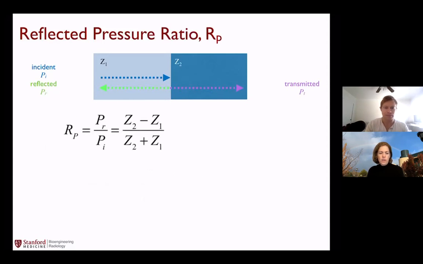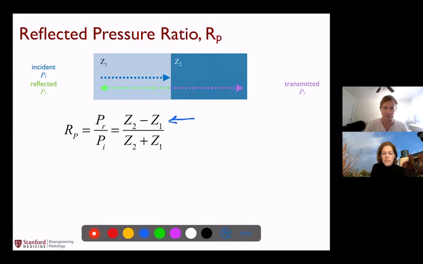Okay, so what do we have here? The reflected pressure ratio. This is the pressure that's reflected over the pressure that's incident, and it's the difference between the acoustic impedances over the sum of the acoustic impedances. And so from that equation, now you understand why when there are big differences in acoustic impedances, that's going to give a big reflection.